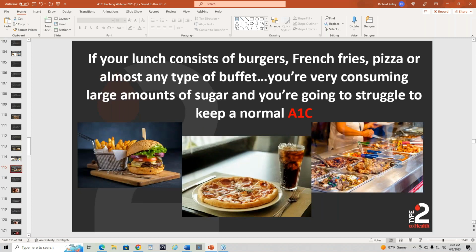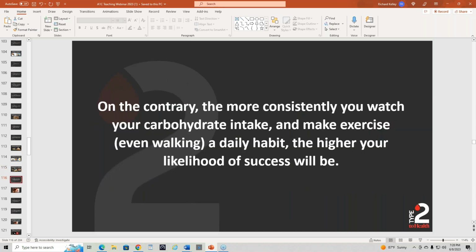If your lunch consists of hamburgers or French fries and pizza or almost any type of buffet, you're consuming large amounts of sugar, and you're going to struggle to keep your A1C in the normal range. On the contrary, the more consistently you watch your carbohydrate intake and make exercise, even walking, a daily habit, the higher your likelihood of success is going to be.